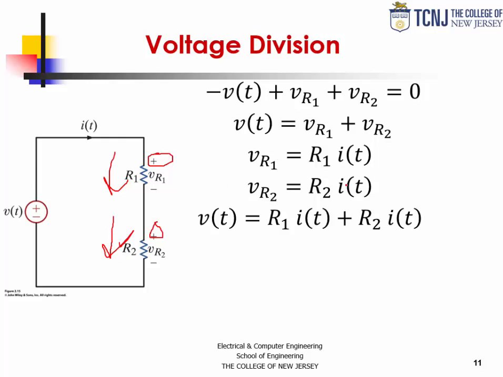So I can write these two equations and substitute these voltages back in the second equation, and I get this expression that the total voltage is equal to the resistance 1 times the current plus the resistance 2 times the current.